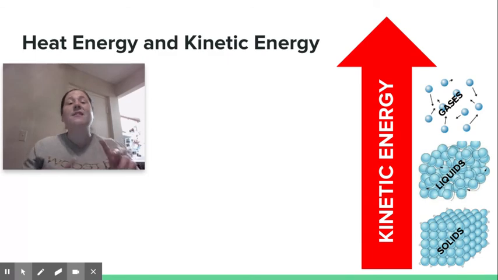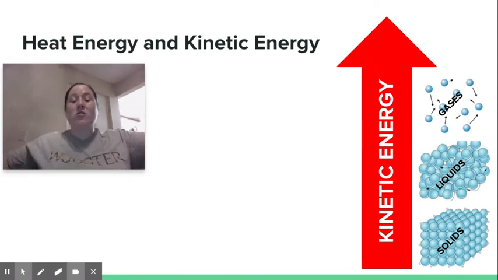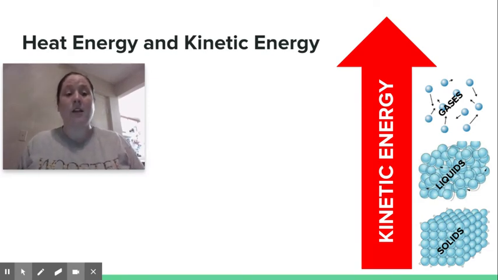And then gases, the particles are whizzing by each other, and if they hit one another, they're going to collide and then bounce totally off. And so they have the highest amount of kinetic energy. So let me sum that up. Solids have the lowest kinetic energy, liquids have a medium amount, and gases have the most.